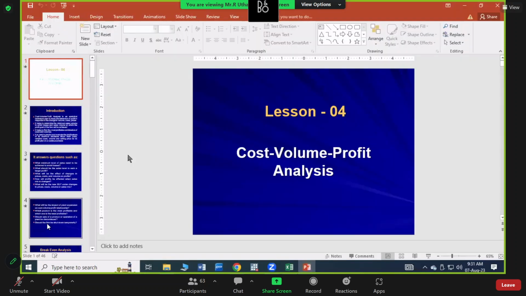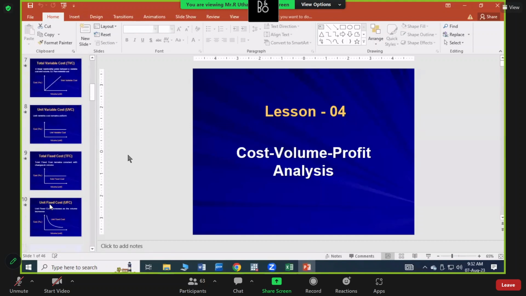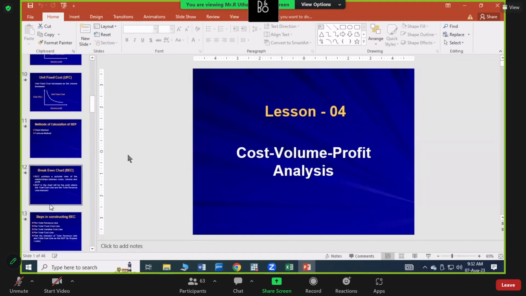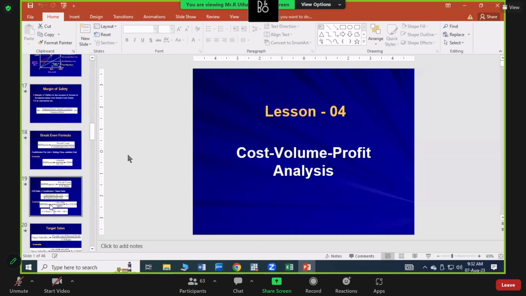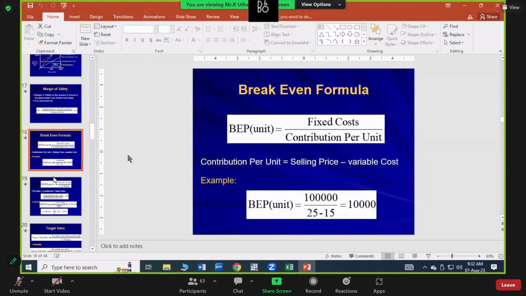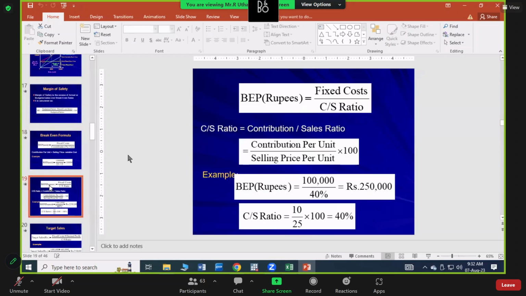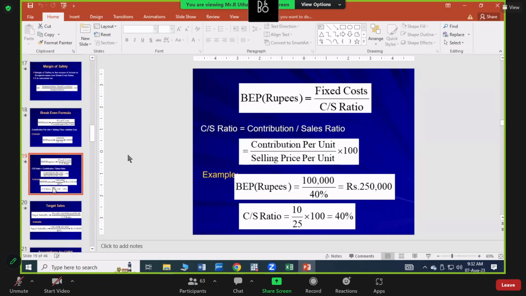The CS ratio is the contribution per unit over the selling price per unit, multiplied by 100 to present it as a percentage.